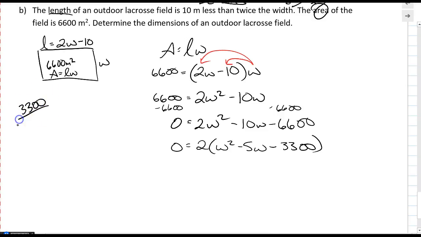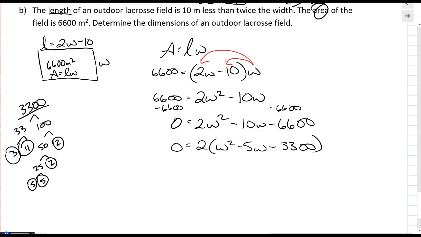So I'm just going to do that off to the side. You could start working with factor pairs. That's another option. But I'm going to do it this way. So these are all my prime factors.